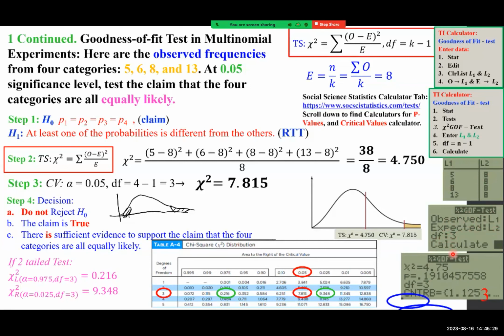Notice the numbers. Here's one of them. This is the test statistic that we had calculated on our own. This is the p-value.